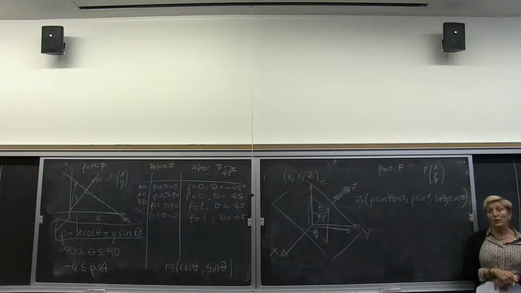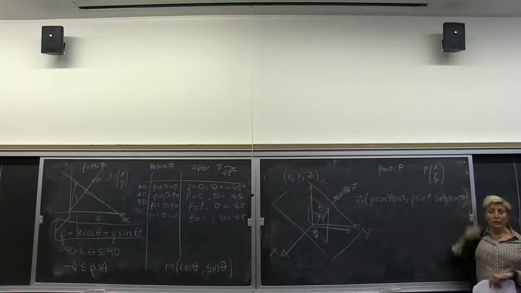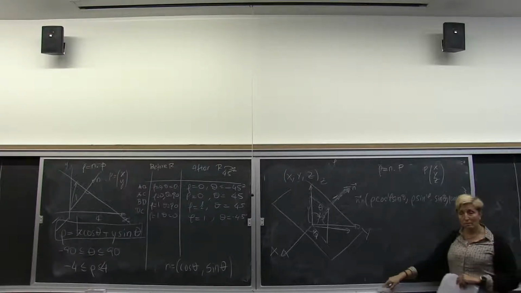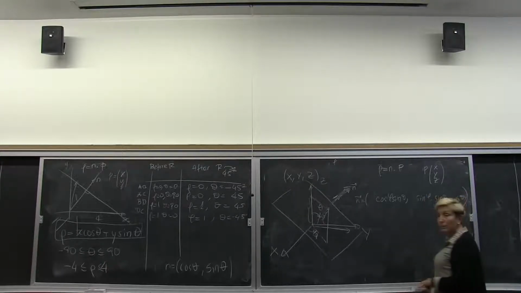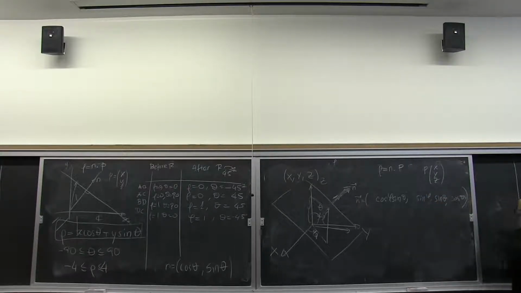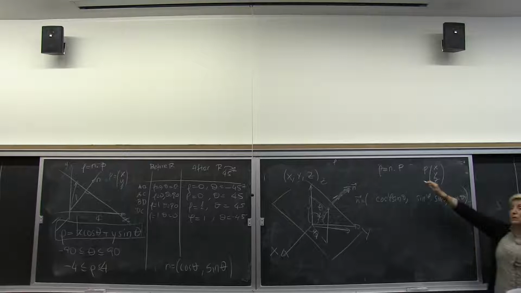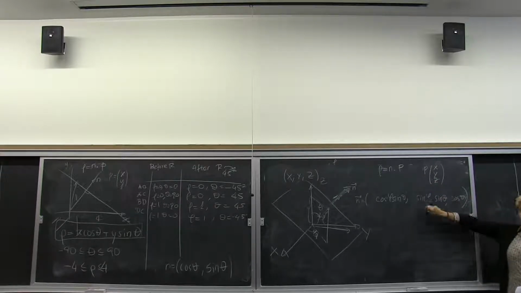I get rho square, right? So this thing has length rho. My unit norm normal has this vector. So now I know how to write the equation of the plane with this normal.